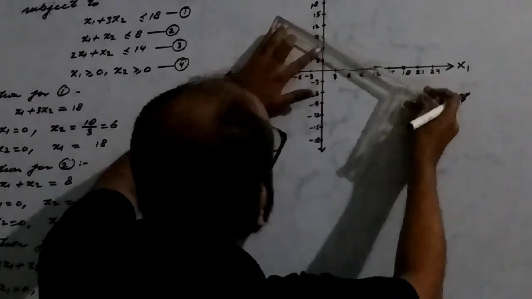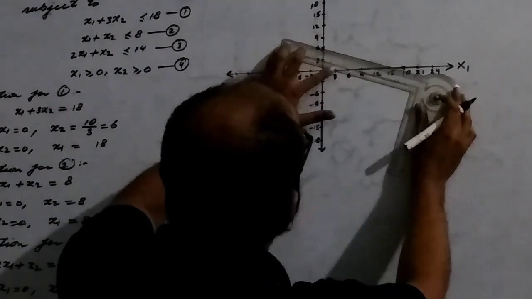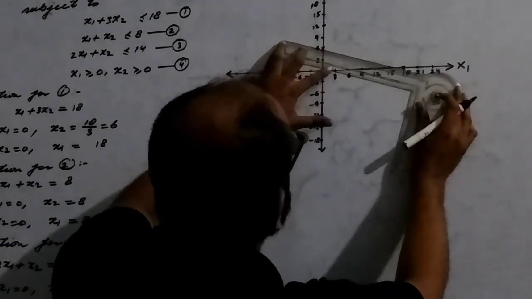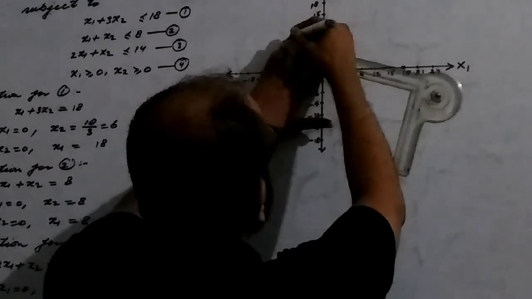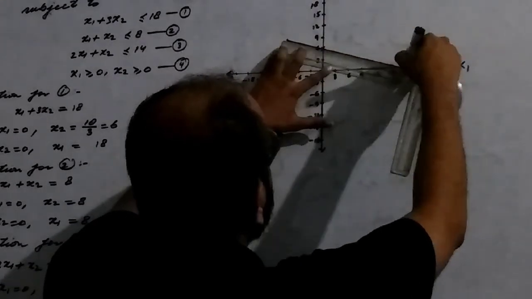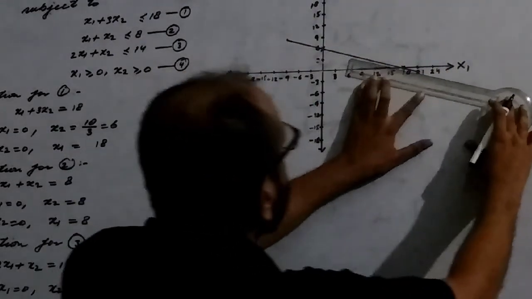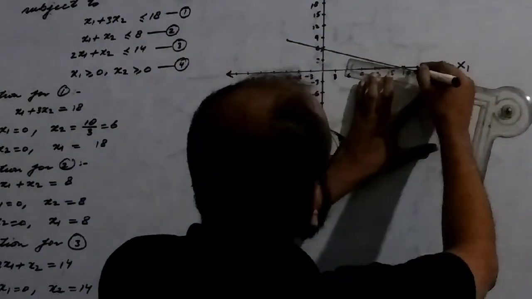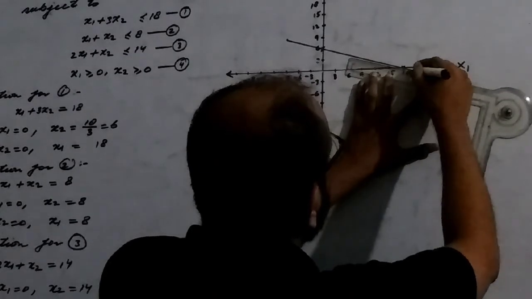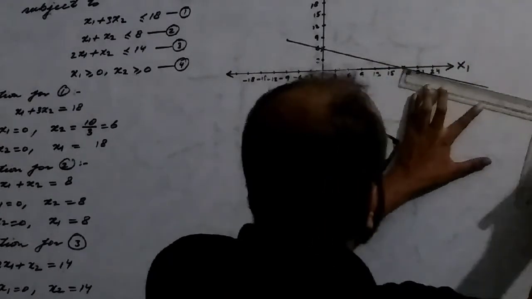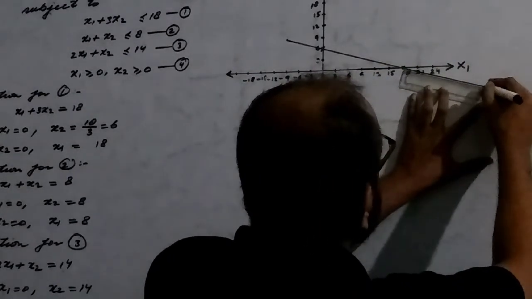Now we join them both. We draw a straight line passing through these two points properly, and this line should be drawn sufficiently long.